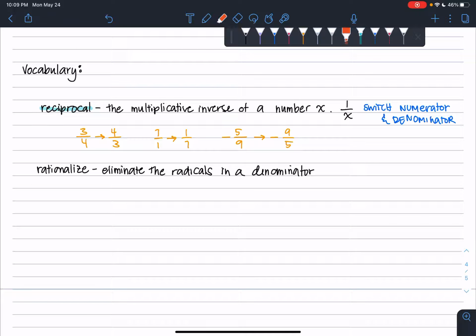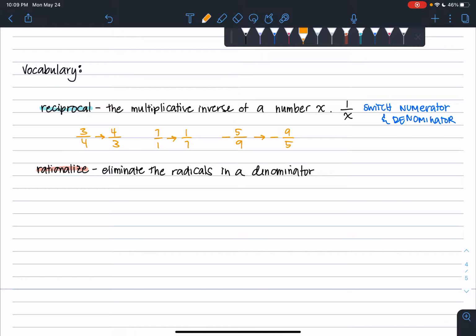The next vocab word is rationalize. So when we rationalize, we eliminate a radical in a denominator. So what does this look like? Okay, so we're going to need a fraction.